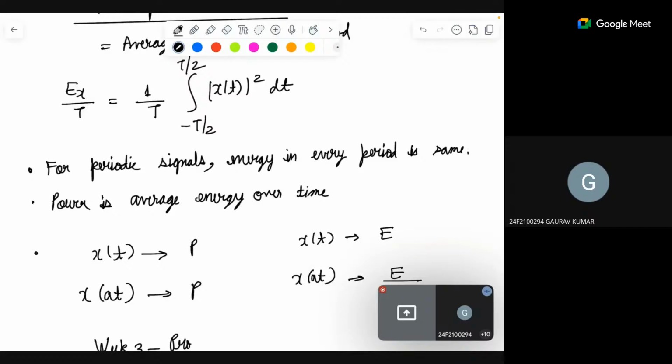Sound signals, as we can say, just my name, Gaurav. If I say Gaurav, after some time the sound disappears. When we say a signal is an energy signal, we mean that it has finite energy. So if you say anything, suppose Gaurav, it is of finite duration, so it is an energy signal by default.